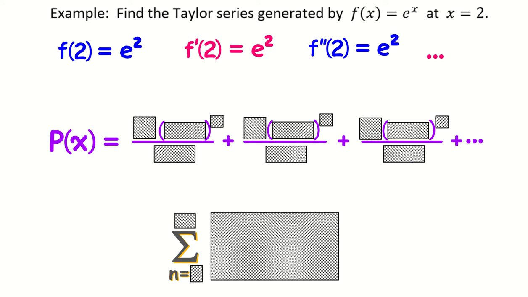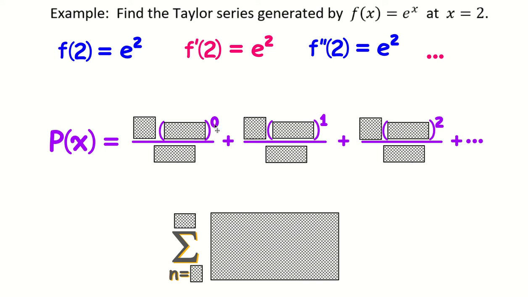So the polynomial, because the Taylor series is just like the polynomial that goes off to infinity, as far as the 0 power and the first power and the second power, we can at least write those first few terms.